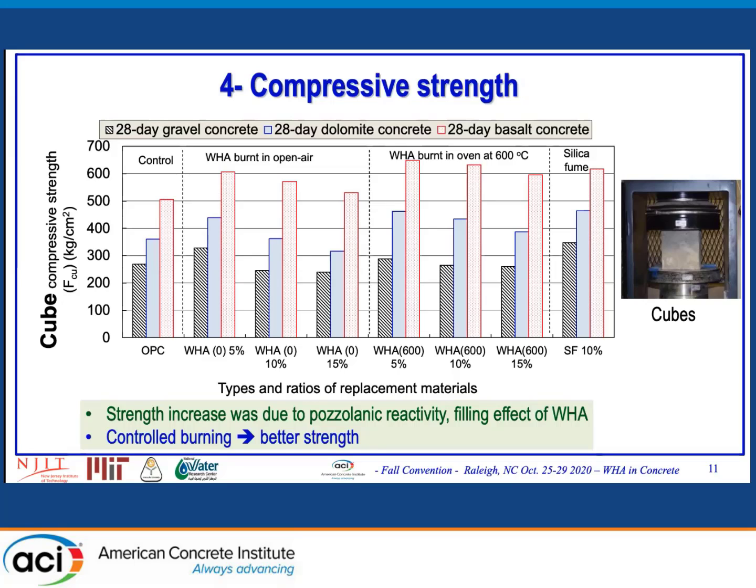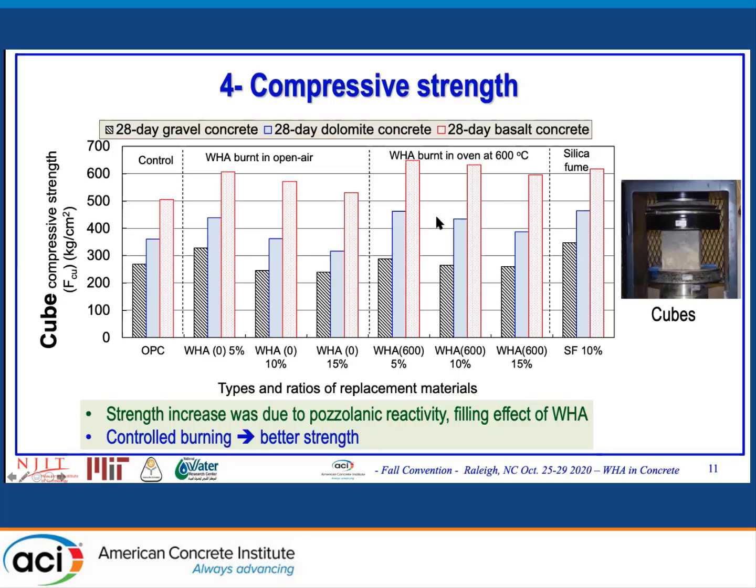So as we can see from this figure, the 5% replacement of WHA is greater than the ordinary Portland cement, which at the same time is approximately similar to the silica fume, the 10% of silica fume.